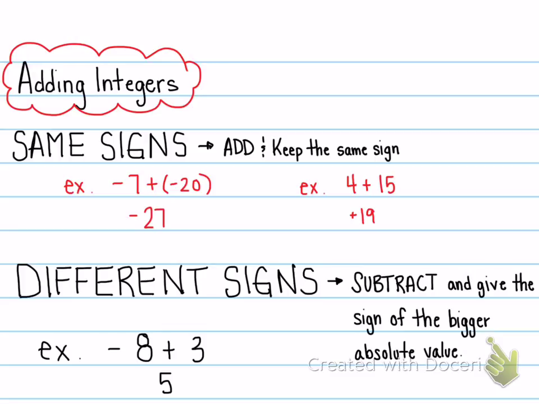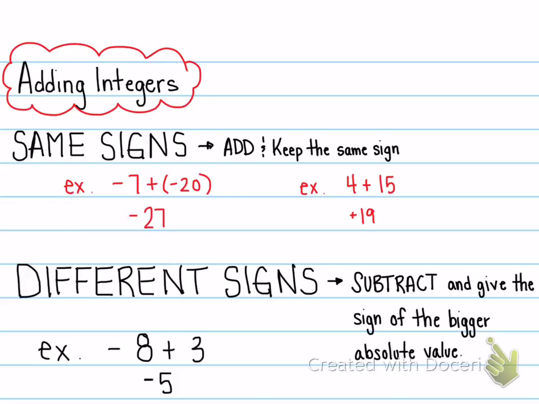I have 8 negatives and 3 positives. So that means if I cancel them out, I'm going to have more negatives left over. So the answer is -5. If I think about the absolute values of -8 and 3, the absolute value of -8 is 8. The absolute value of 3 is 3. So 8 is bigger. So 8 was your negative number. So your answer is negative.